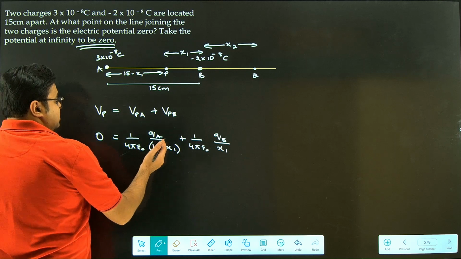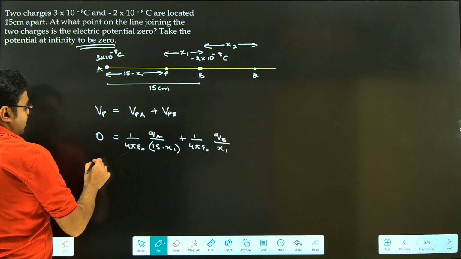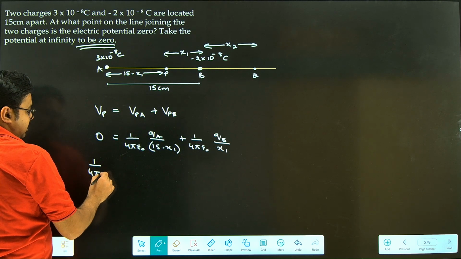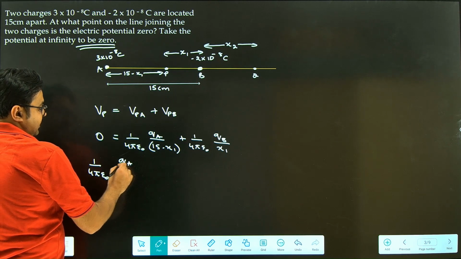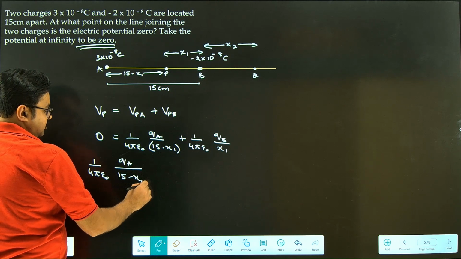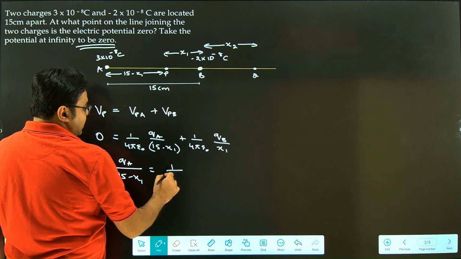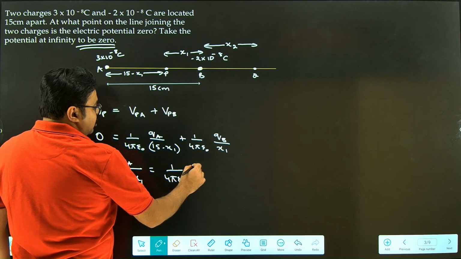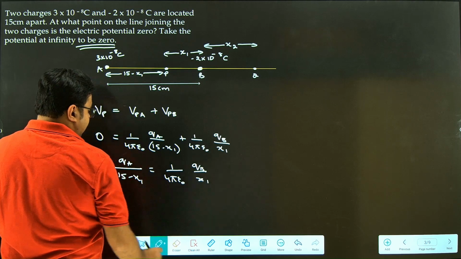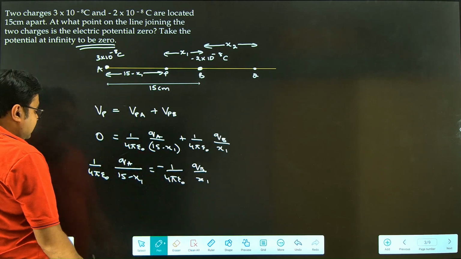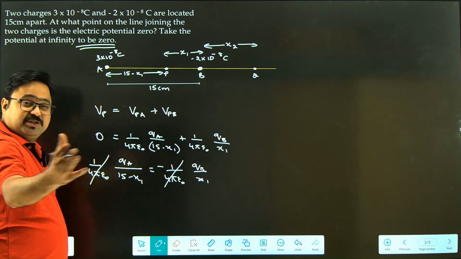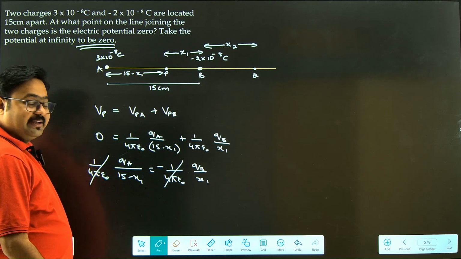Well, you can just transfer one of them to this side. You will have 1 divided by 4 pi epsilon naught QA divided by 15 minus x1 being equal to 1 divided by 4 pi epsilon naught QB divided by x1 with a minus sign. The 1 by 4 pi epsilon naught on both sides gets cancelled.